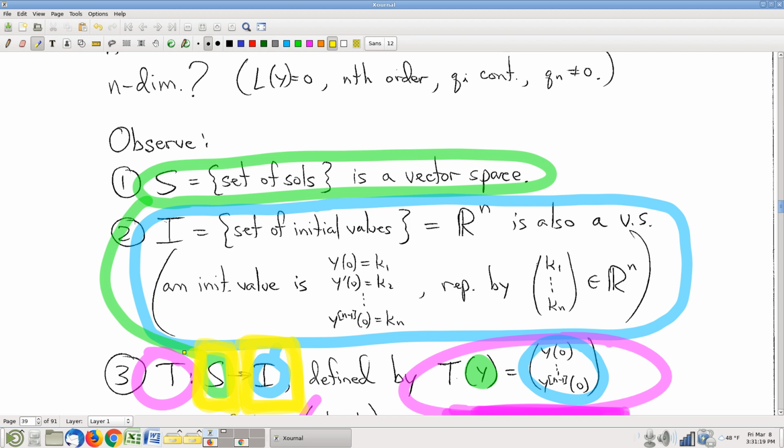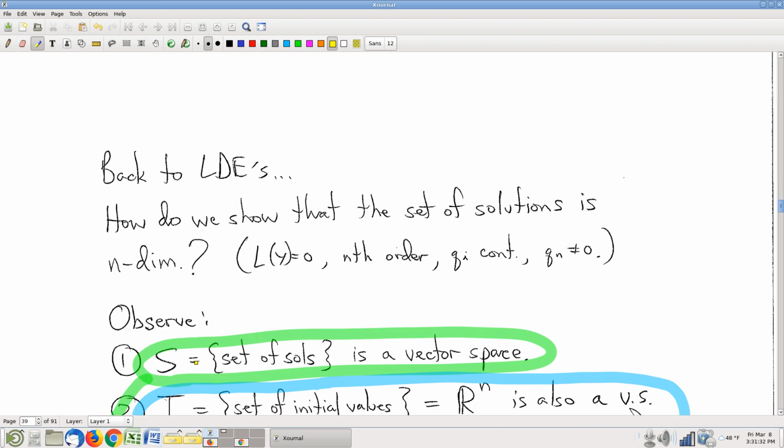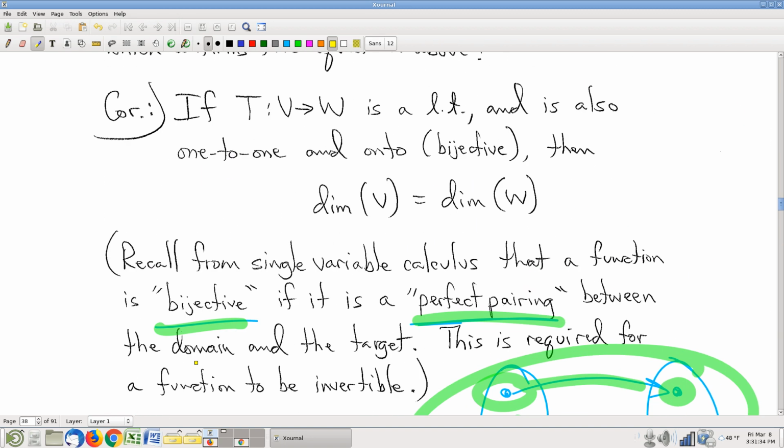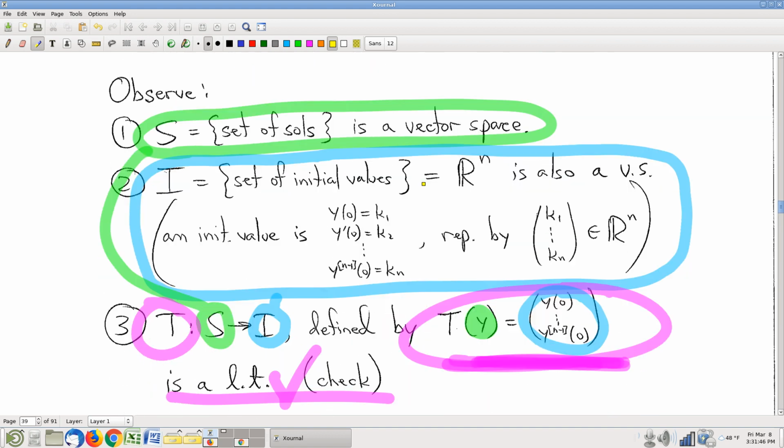And that's exactly what it means for this function to be a bijection. Always exactly one pre-image. Okay, so we have here then a bijective linear transformation. This theorem says that a bijective linear transformation has this property. The domain and the target have the same dimension, and we are basically done here. Let's look at our situation again.